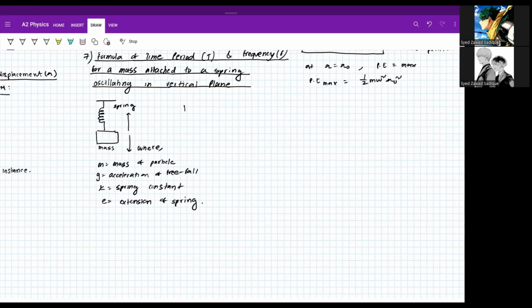Now, the actual formula is T equals 2 pi root of m by k. And frequency is, again, the inverse, 1 by 2 pi root of k by m.